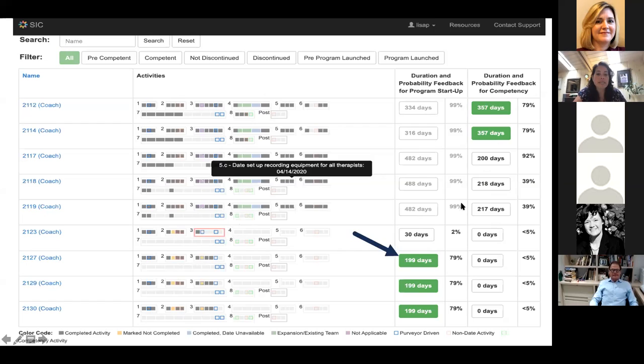In this column is the probability that the team, based on the activities that they have conducted and the pace at which they are conducting them, will successfully start up the program, or, as seen at these top ones where they have already started their program, that they're now on the road to competency. So we see that these top two, for instance, are sitting at about a 79% chance of achieving competency.